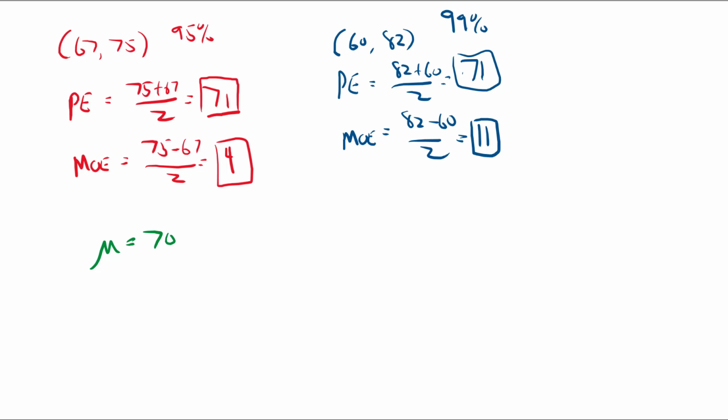So in other words, 70 falls within 67 and 75, and 70 definitely falls between 60 and 82. So therefore it worked out with each one of those, okay? If you're asked whether your interval supports or denies the claim that your true mean score is 70, you would say yes in both of these.